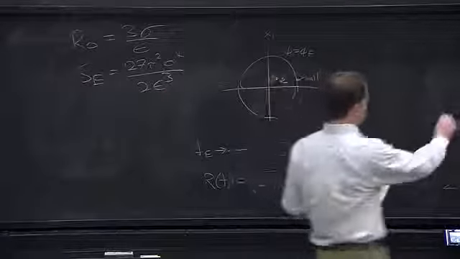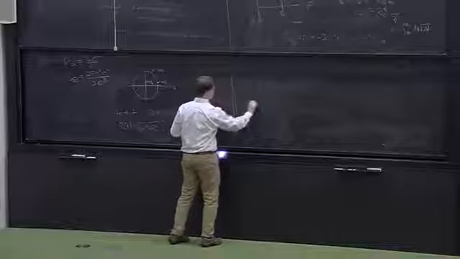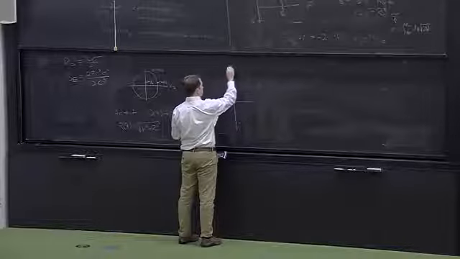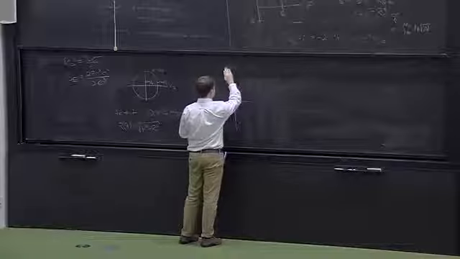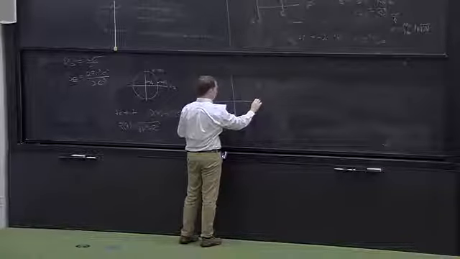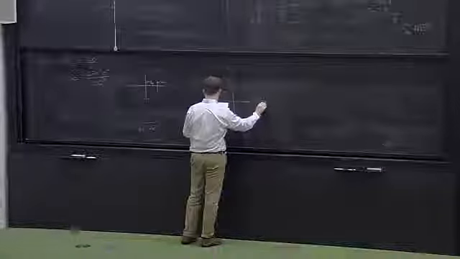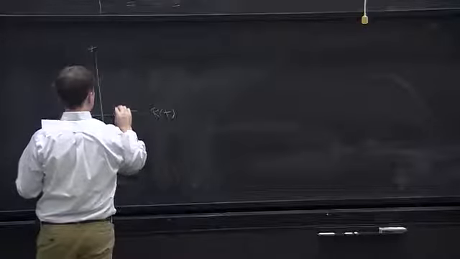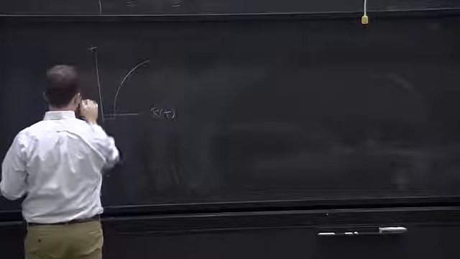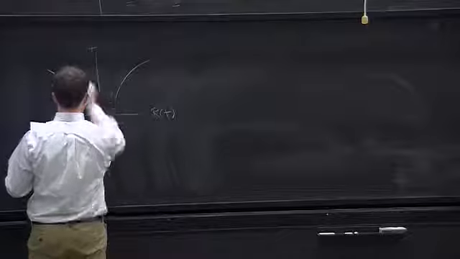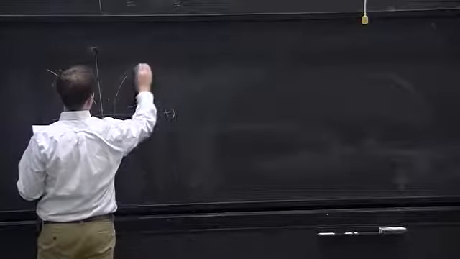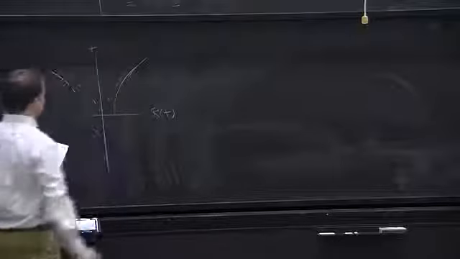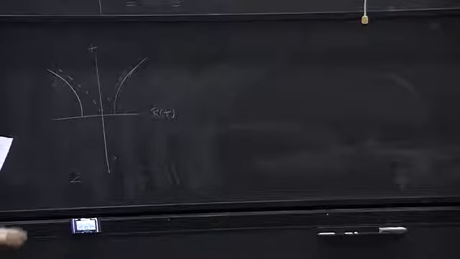So if we sketch what R(t) will look like, t versus R(t), it will be nucleated with some finite radius and rapidly expand at a speed approaching the speed of light.